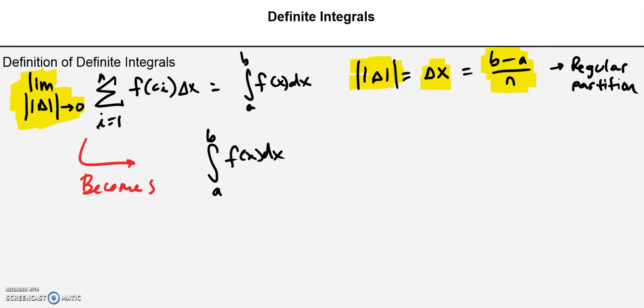The takeaway here is that this limit summation, and this change in x, just represents that your rectangles are getting smaller and smaller. You have 10 rectangles that you're finding the area of, then 100 rectangles, and 1,000. You can't add a million rectangle areas together.